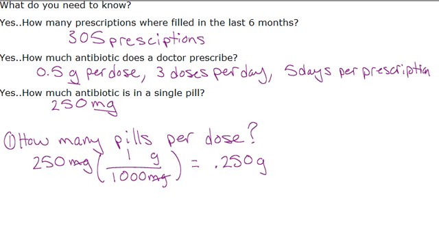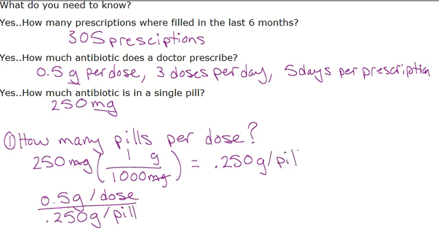So to find out how many pills per dose, what we're looking at is half a gram per dose divided by 0.250 grams per pill.